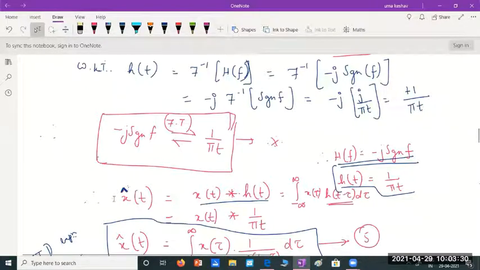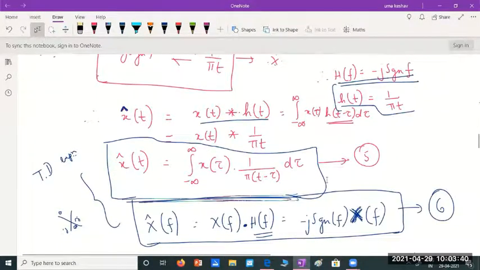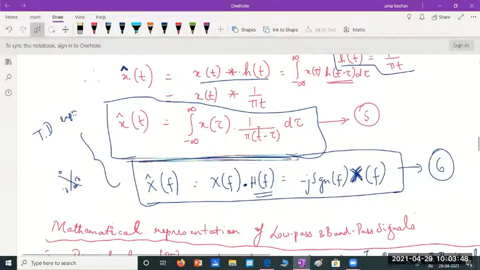That's why the Hilbert transform of a given signal is the convolution of the given signal with 1 by pi t. This is how we represent the convolution integral: x of tau into 1 by pi t minus tau d tau. This is in the time domain.